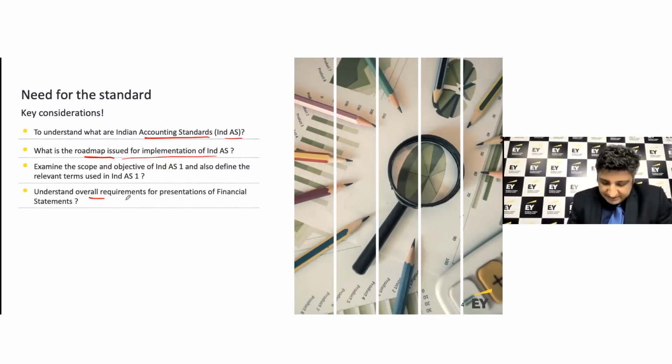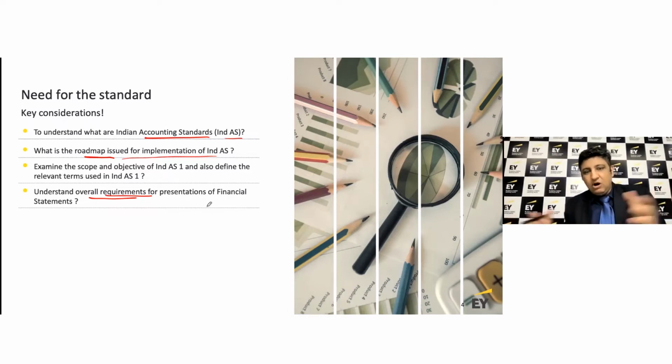I think that's a key aspect, and that is something which is going to be also relevant for us from an examination standpoint. Okay, what are the overall requirements for presentation of financial statements? If I'm preparing, let's say, a balance sheet, what are the minimum items I should be presenting on the face of the balance sheet, right? Can I do some adjustments to the numbers?